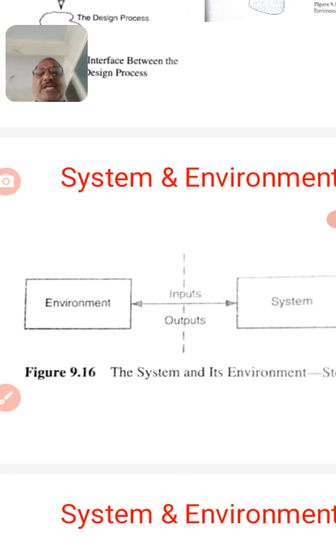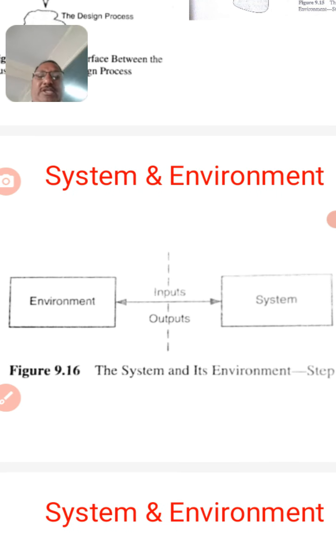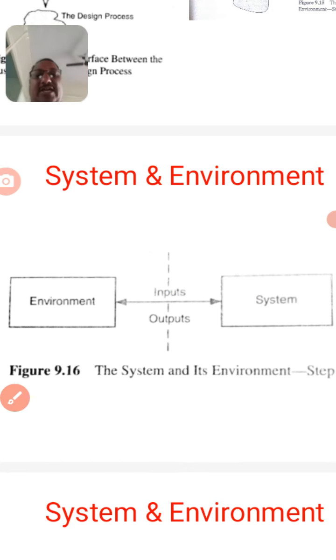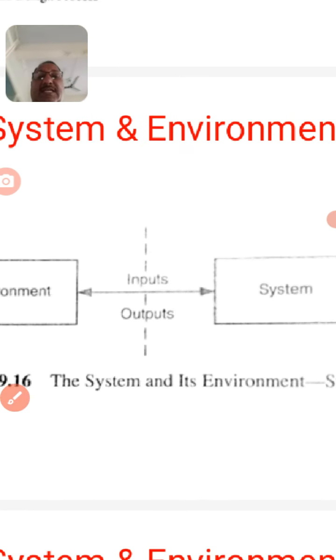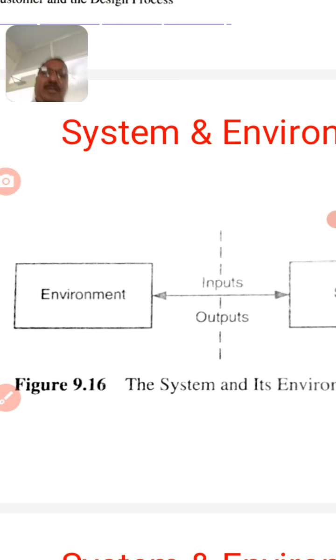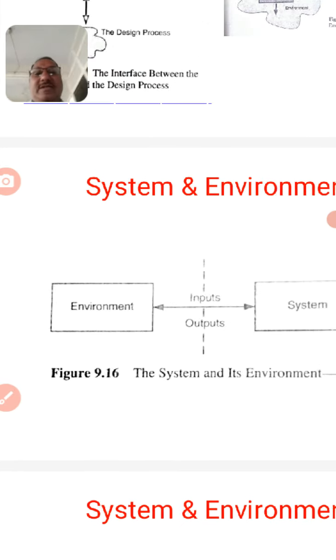Figure 9.16 shows the system and its environment. The automatic hand sanitizer is a system which has input and output. The environment is room temperature, or 0 to 20 degrees, 0 to 50 degrees; like this will be a requirement.